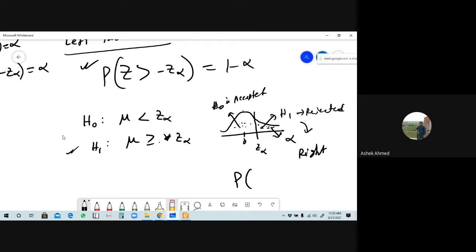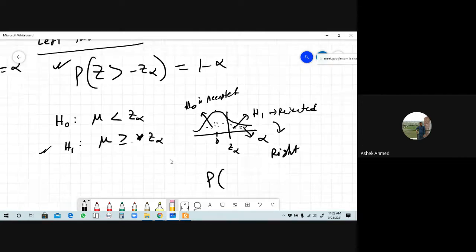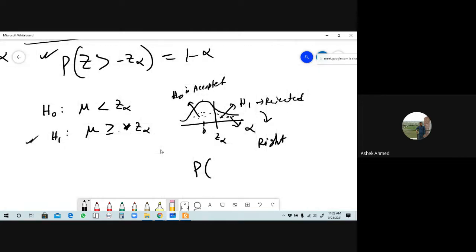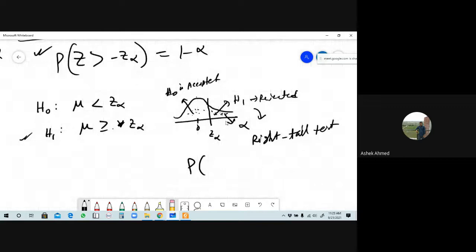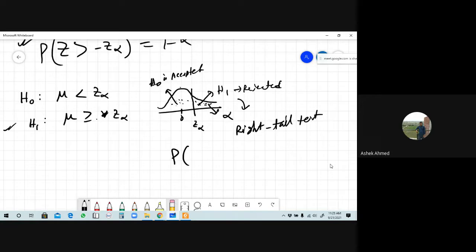When the alternate hypothesis is greater than, the test will be the right tail test. Earlier it was the left tail test, now this will be the right tail test. In the right tail the alternate hypothesis will be satisfied, is it right?